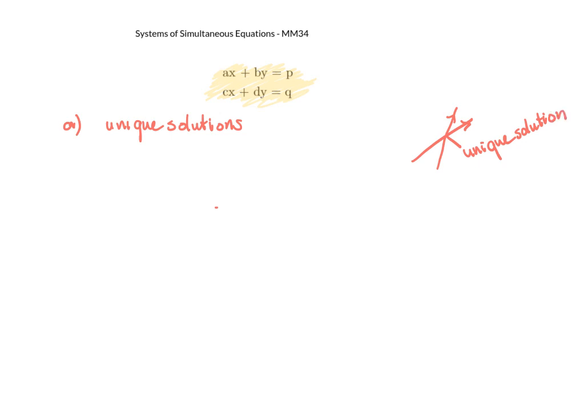With equations in standard form, such as the ones above, if we look at the ratios between the coefficients of the x and y variable, if they're the same, then the lines are parallel. If they're different, then the lines will be not parallel and therefore provide a unique solution. So if our ratio of A to C does not equal our ratio from B to D, then the equation will have a unique solution for the variables x and y.